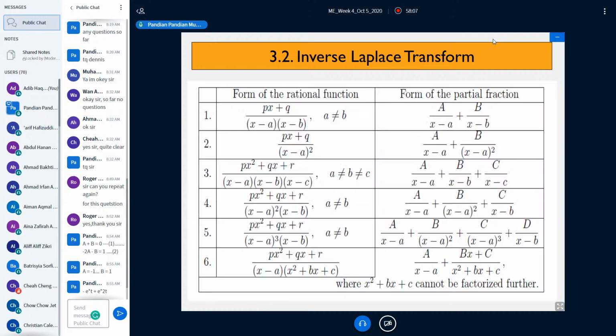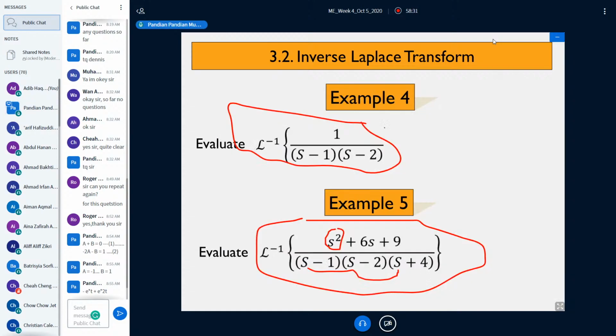So if you match the table here, this formula is suitable, number 3. We have to select number 3. This is the correct formula, because (px squared plus qx plus r) divided by (x minus a)(x minus b)(x minus c). So here you have s minus 1, s minus 2, s plus 4.